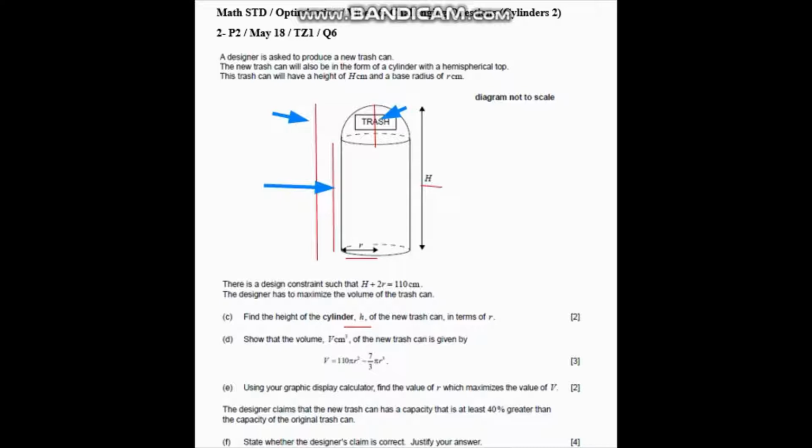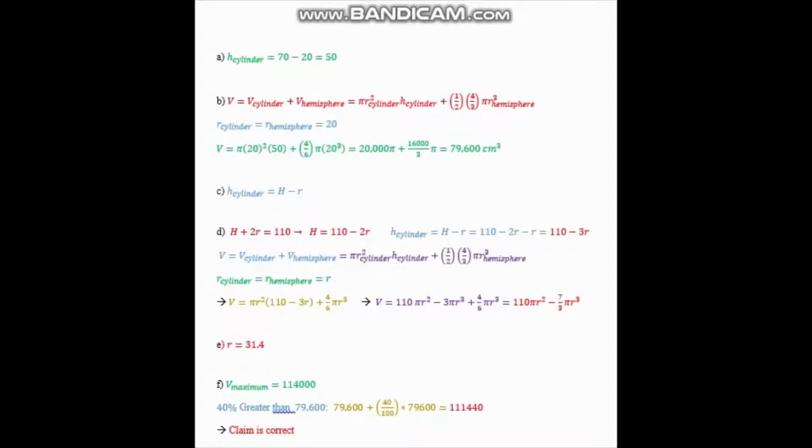In D, I'm required to show that the volume of the new trash can is given by this expression. So in order to find the volume in terms of R, we need to eliminate H. First we consider the given constraint, which is that H capital plus 2R equals 110. Hence H capital equals 110 minus 2R.